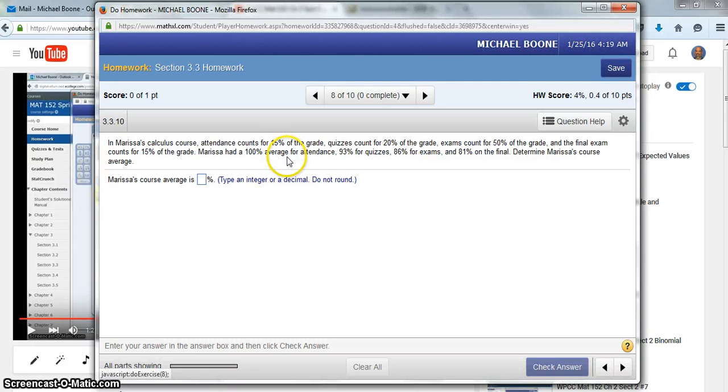And then they give us the course breakdown. So Marissa goes to class every day, has 100, 93 on quizzes, 86 on exams, and 81 on the final. So if we want to determine Marissa's course average, we can do this in StatCrunch.